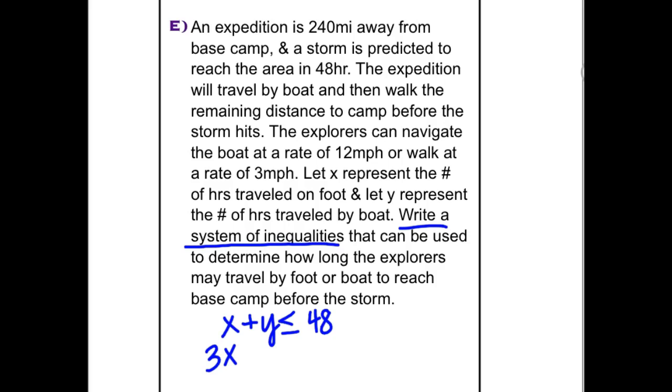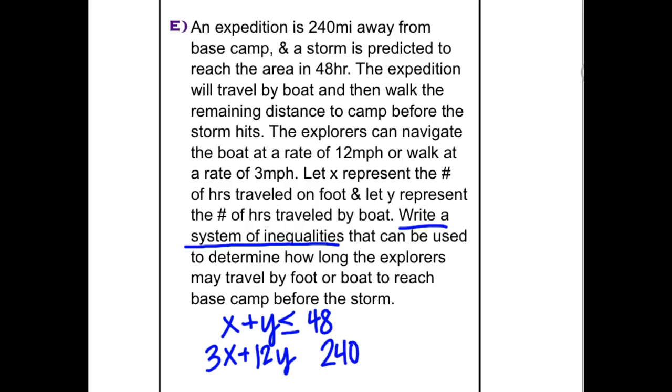Likewise, if we take Y, which is the number of hours they travel by boat, times the 12 miles per hour that the boat travels, and we combine those, miles per hour times hours gives us miles, so miles plus miles has to be miles, which is 240.